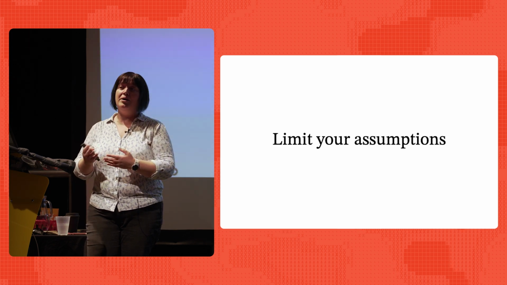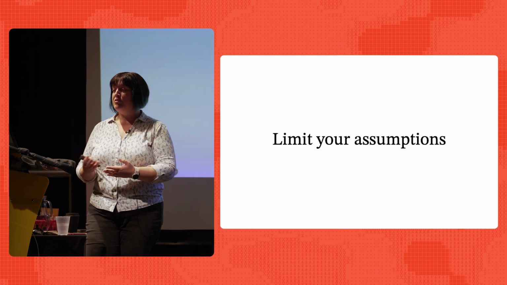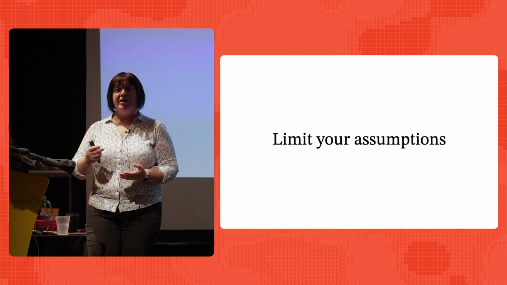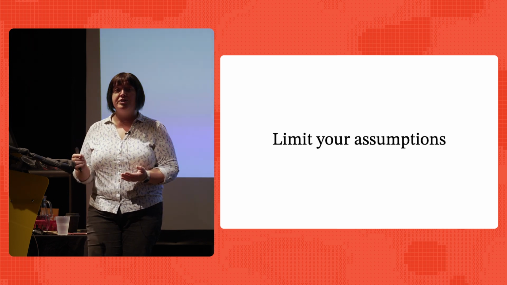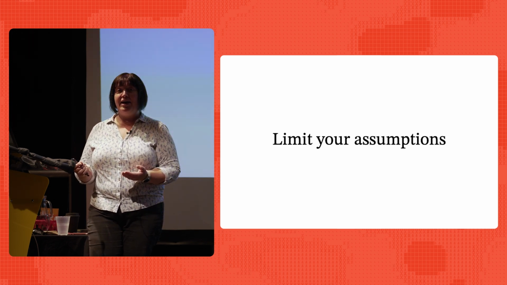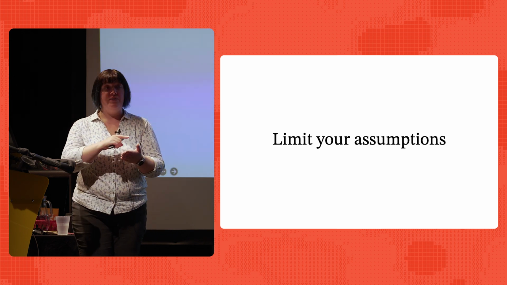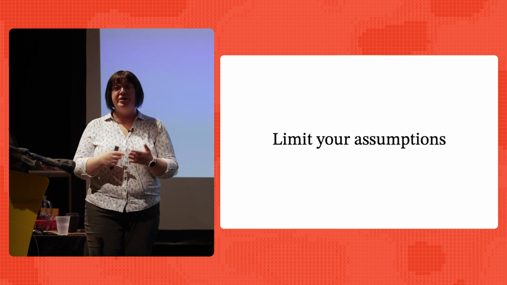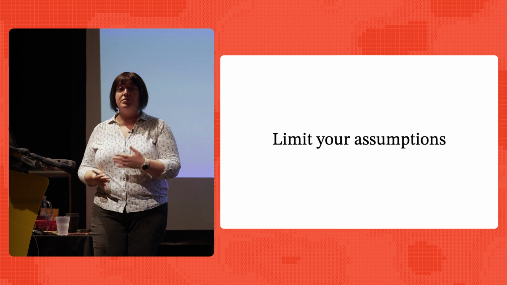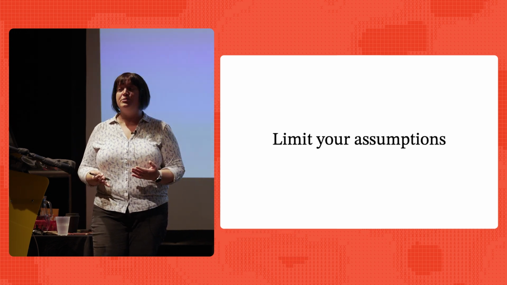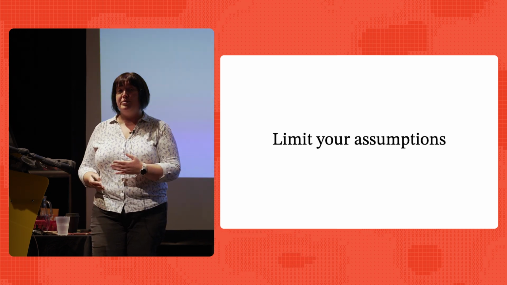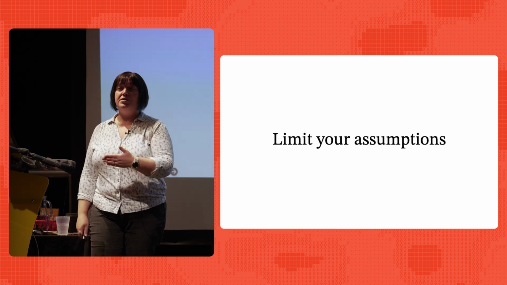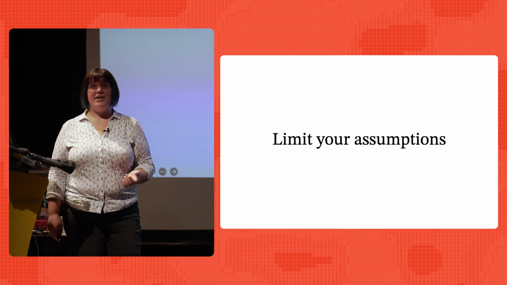So when you're at the sort of gathering requirements stage, you are going to be writing down any assumptions that you and your team are making, and you need to go back to stakeholders and say, right, we've assumed this, this, and this. We need you to sign off on them. So you're doing that already in your software project management. You want to make sure that you are limiting your assumptions of what people think when you are creating your diagrams as well.